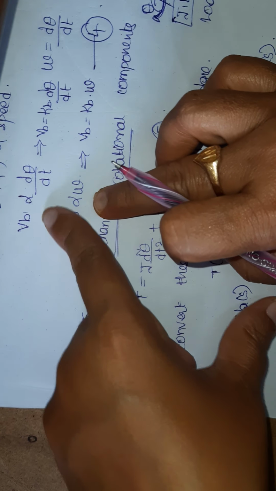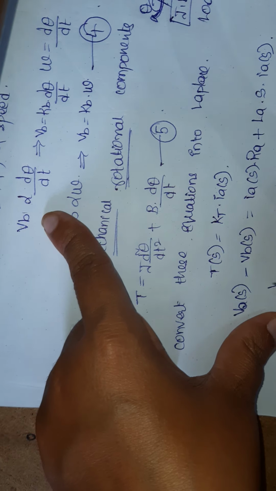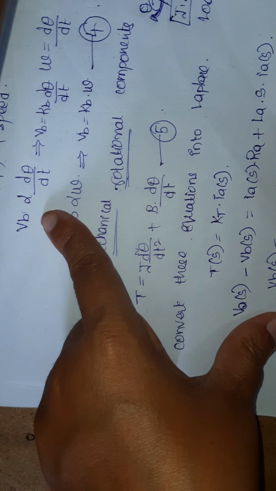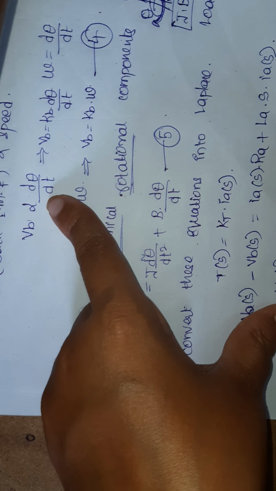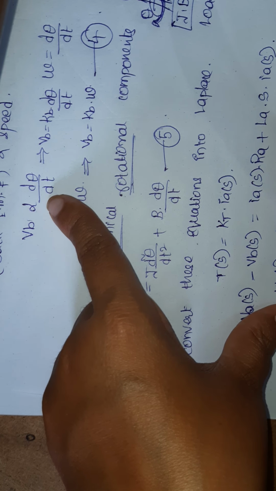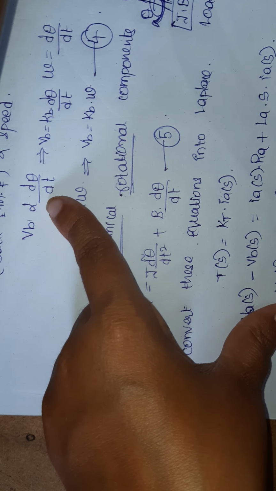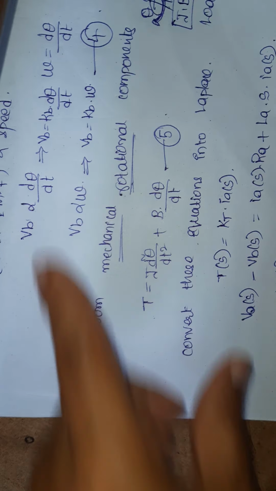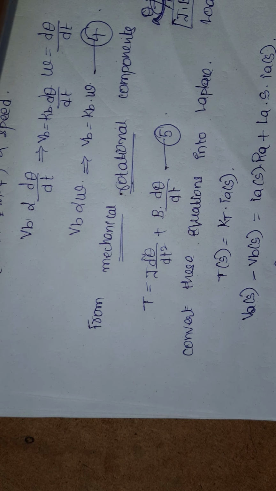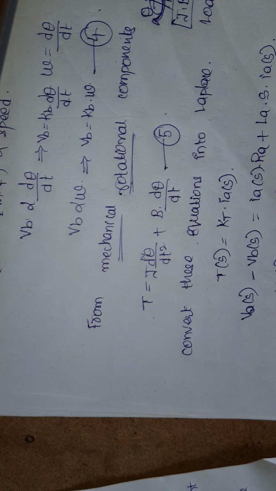I am considering it in terms of theta. So Vb of S is equal to Kb into S into theta of S.